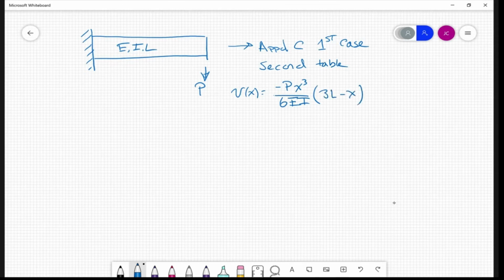So that gives you the deflection. And obviously, if you need to figure out the tip, you can put in x equal to L, and then this just becomes minus PL cubed over 3EI. And that's a squared.